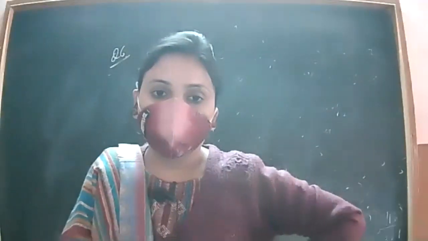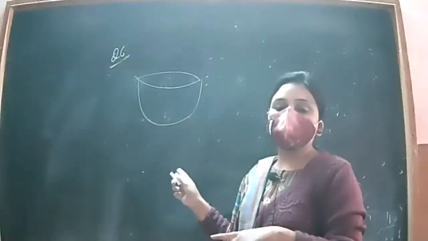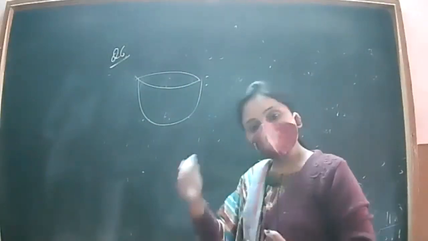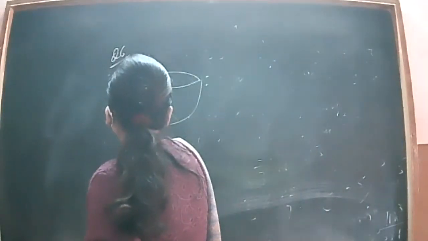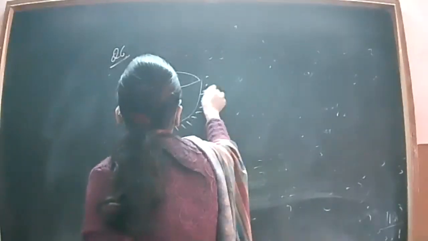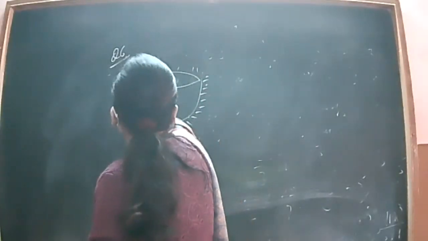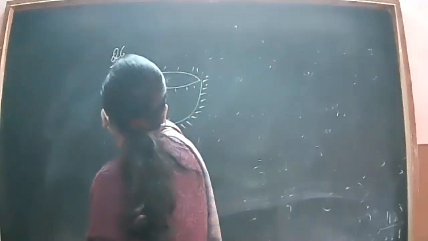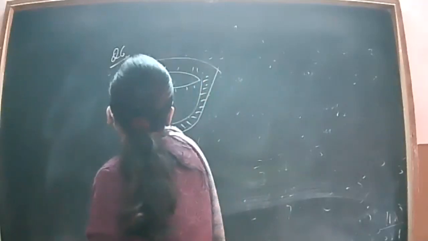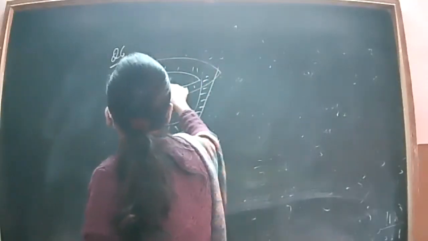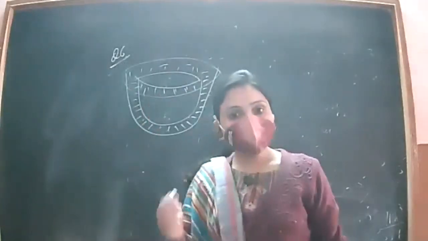A hemispherical tank is made up of an iron sheet 1 centimeter thick. There is a hemispherical tank like this. To increase the thickness of this tank, some iron was added along with it.